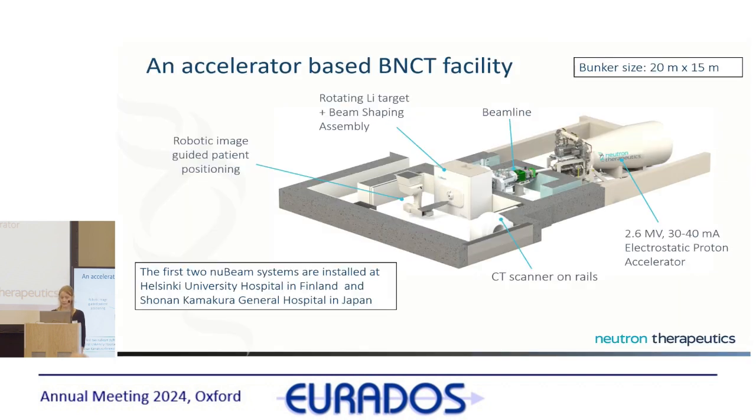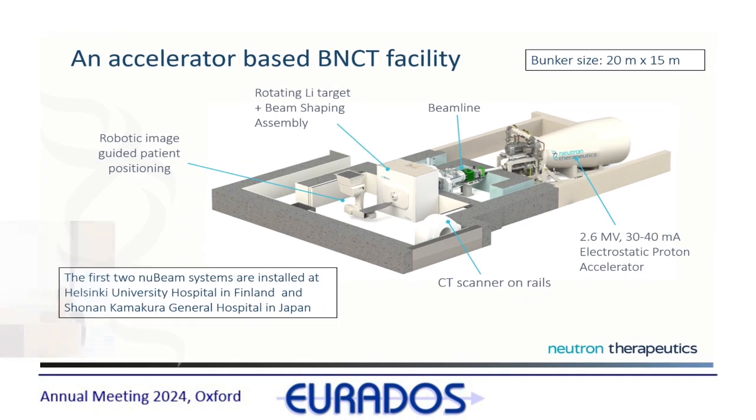Here is, as an example, an accelerator-based BNCT facility installed in Helsinki, Finland. With the accelerator, you first typically have a proton beam. You need quite low energy protons, in this case 2.6 MeV protons, that are accelerated to very high intensity, so a 30 to 40 milliamp beam.